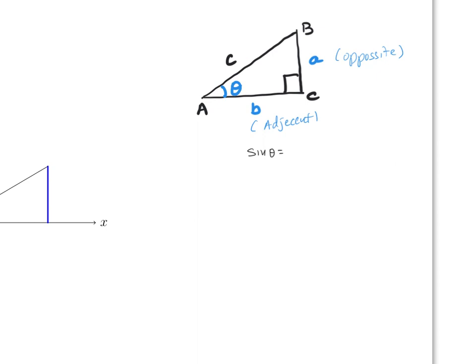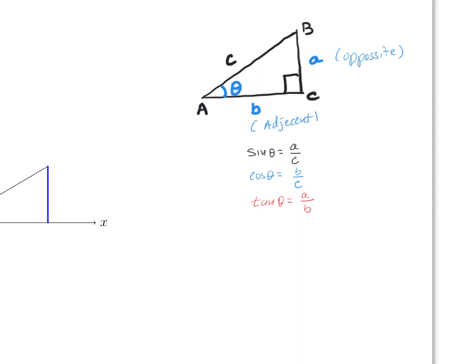So in this case, it should be A over C. Then cosine is defined as the adjacent, which is B, over the hypotenuse. So it should be B over C. And then tangent is the opposite over the adjacent. So it should be A over B.